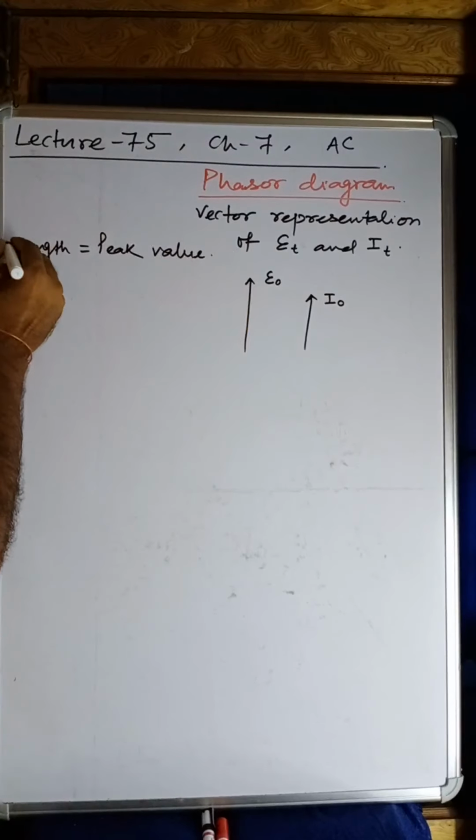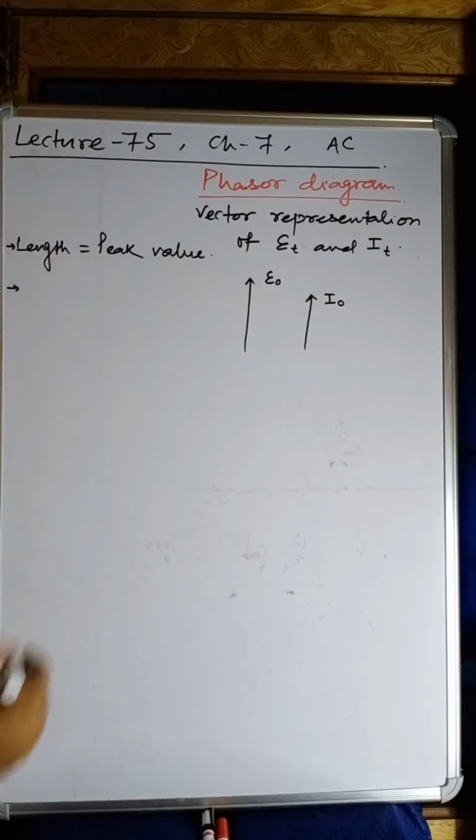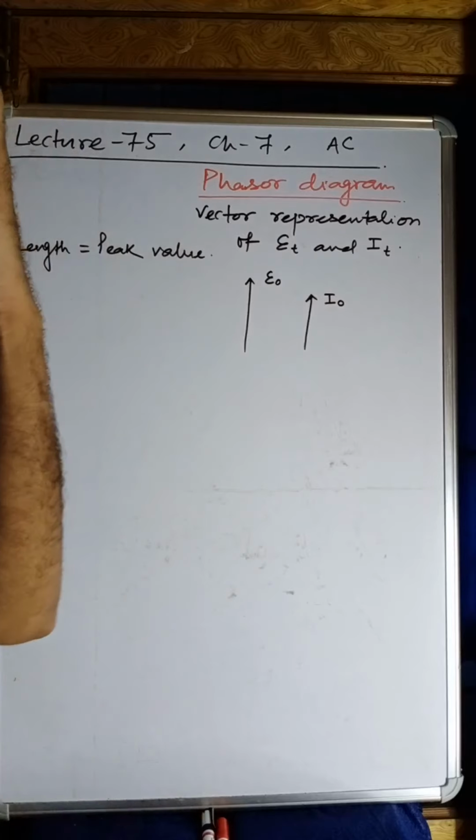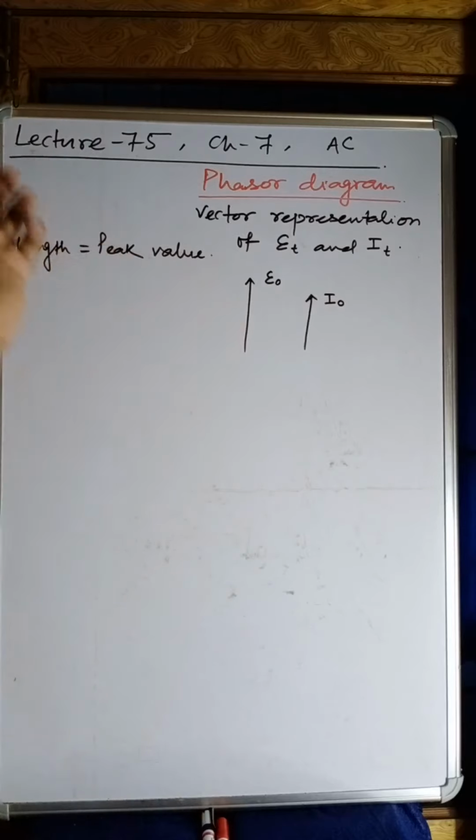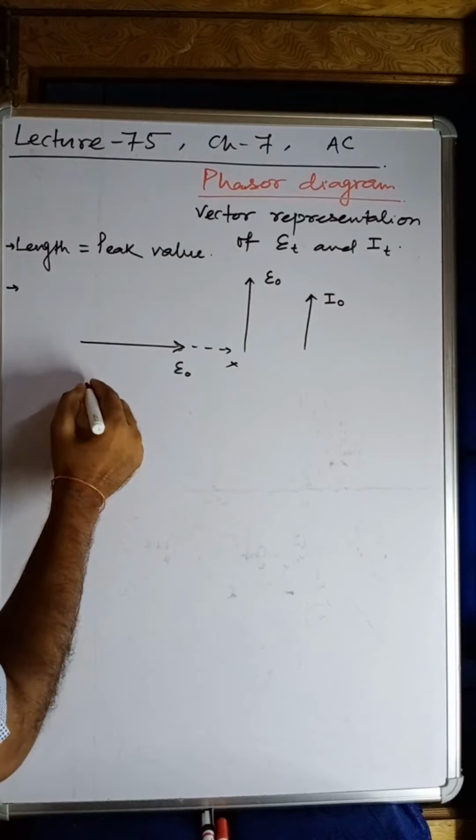We are writing the first point about the phasor: the length of the phasor represents the peak value. If this phasor is placed in this way, E naught along the x-axis, with this as the head and this as the tail, then you can say the angle with the x-axis is 0 degree.